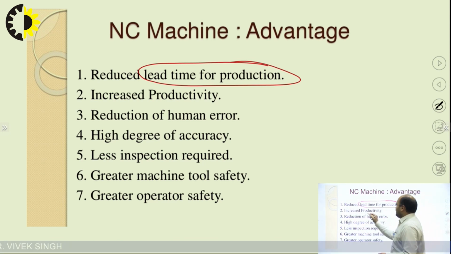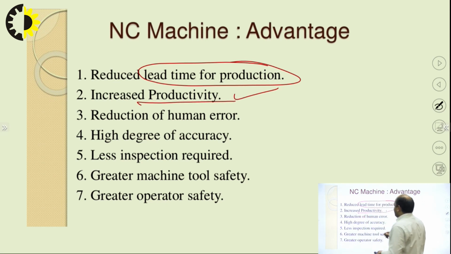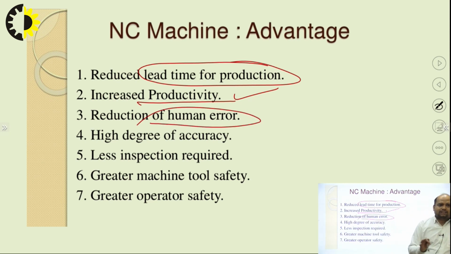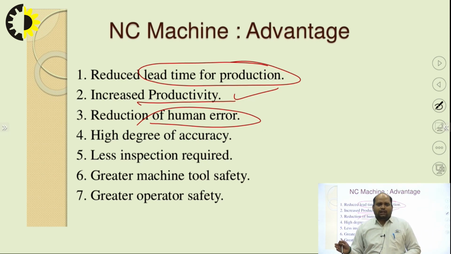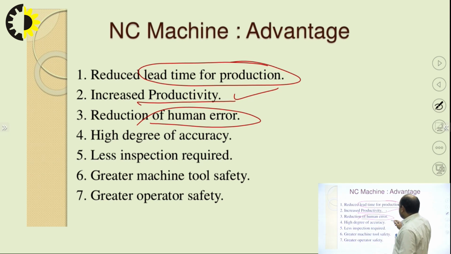Finally this leads to increased productivity and reduced human effort, or reduction of human error, so that it is easy to check quality control and to manufacture good quality products with these CNC machines.